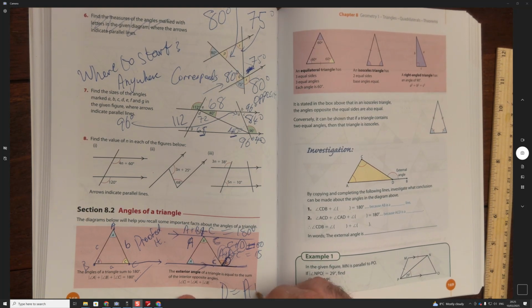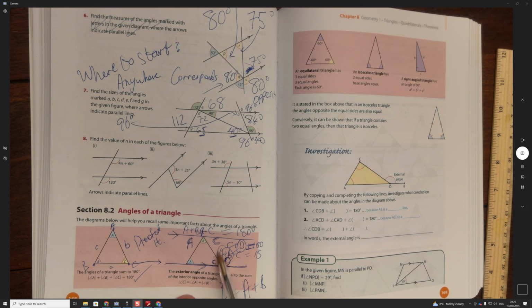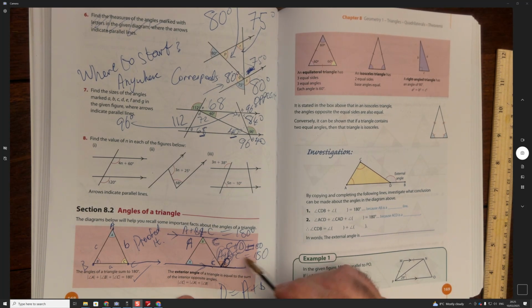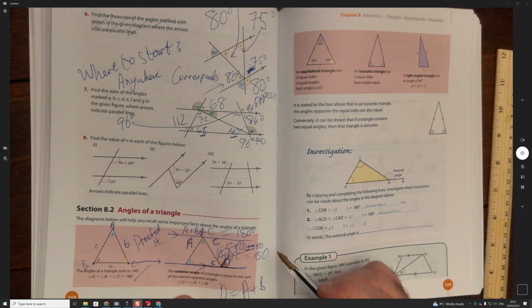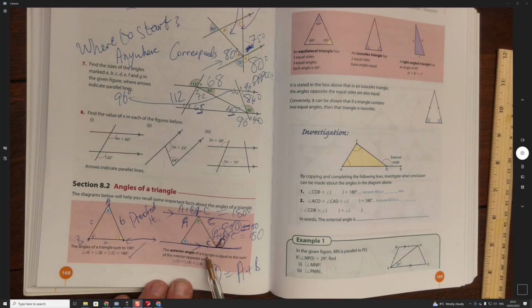D is equal to A plus B. Do you see why? Because they have to be making up the same value, 180 minus C. That's my proof. So an external angle of a triangle is equal to the sum of the interior opposite angles. You want to write that out several times.